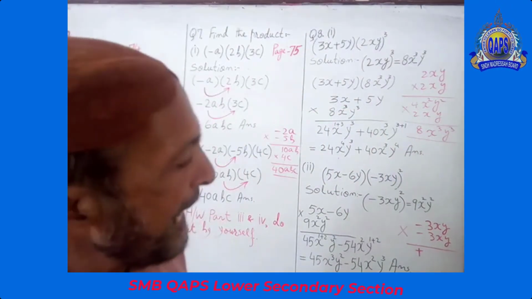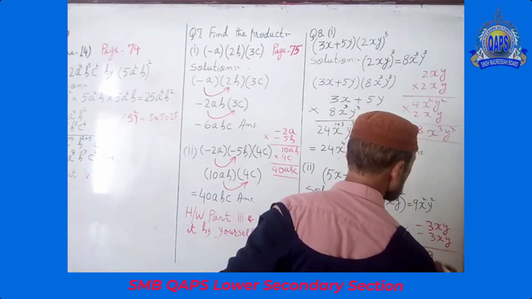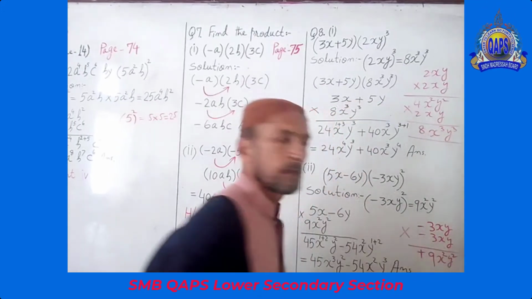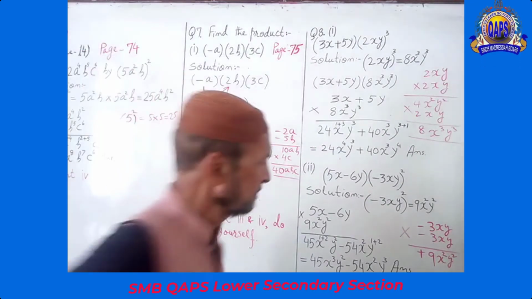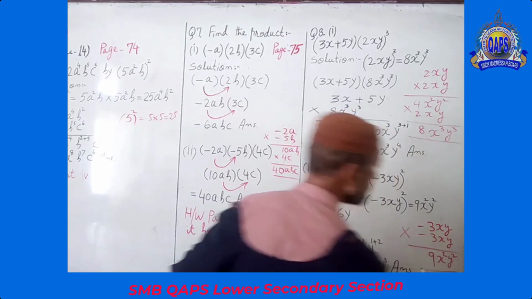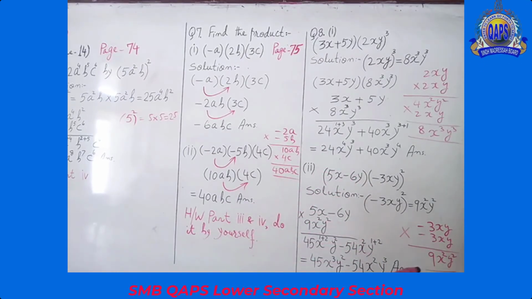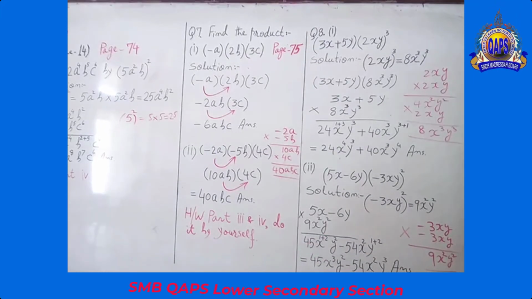Three threes are 9, x power 2, y power 2. We do not write the plus sign if it is at the very beginning. So, the situation is over here, 5x minus 6y multiplied by 9x power 2, y power 2.